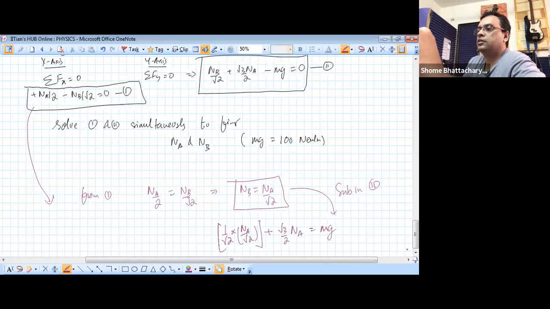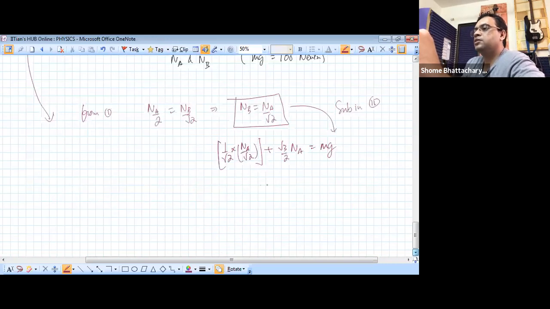Just bring mg to the other side. So now what is happening here? 1 by 2 is common. So I have 1 plus root 3 by 2 NA is equal to mg. So we are getting NA as 2 upon 1 plus root 3 times mg. And we'll multiply and divide by root 3 minus 1.